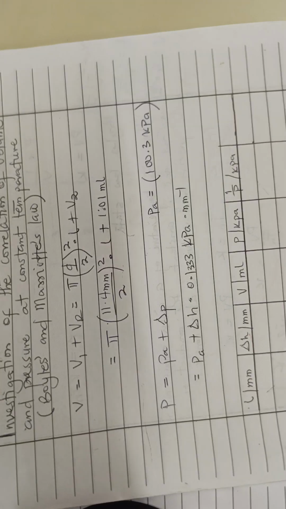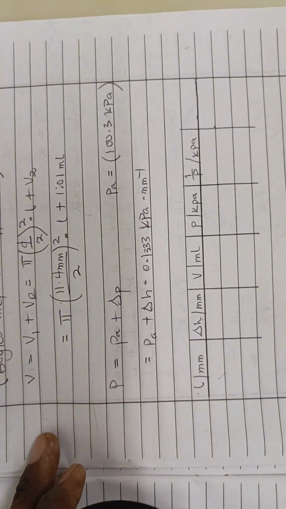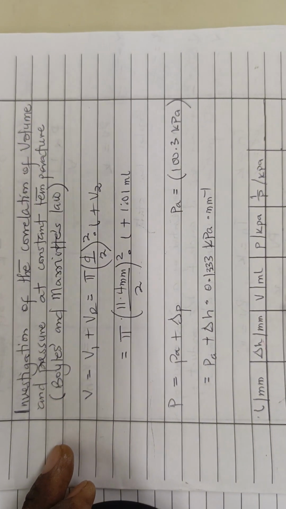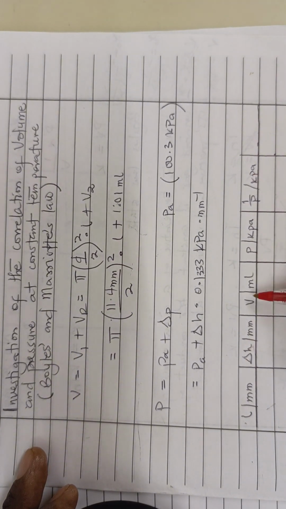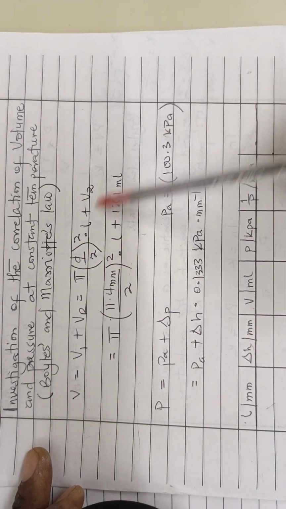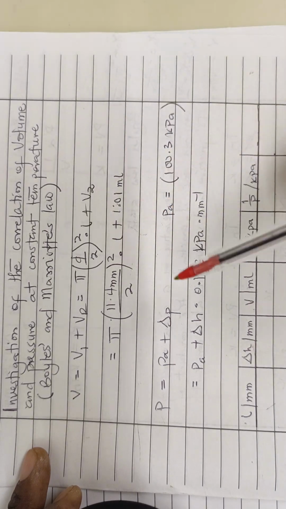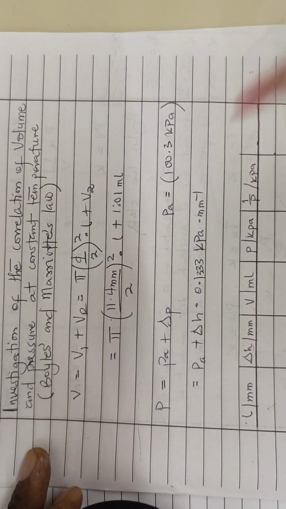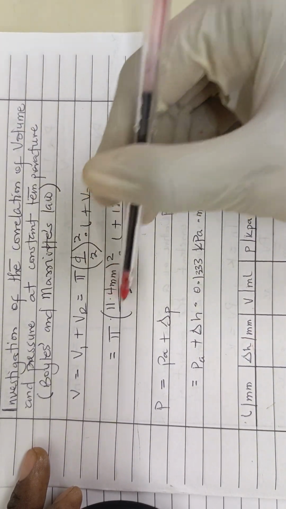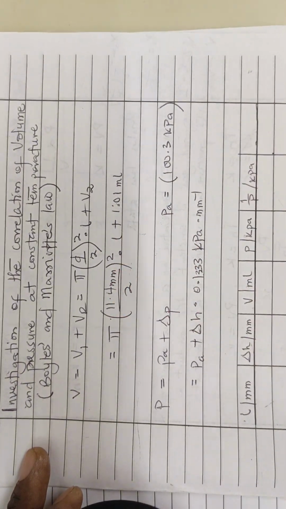Now how do we complete the table? You realize that in part 1 of the video, we only got our L and our H values. So to get the other values, there's this formula we use. We all know that volume is pi, and then the diameter divided by 2, so this is the radius, so pi r squared. Then we add our L to it.